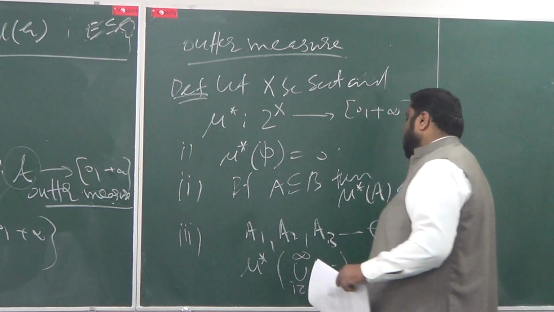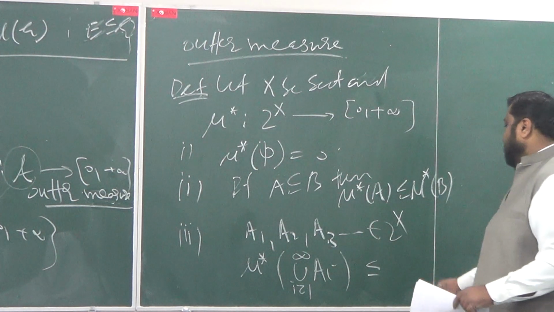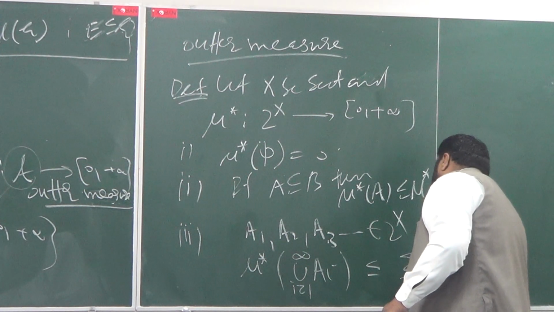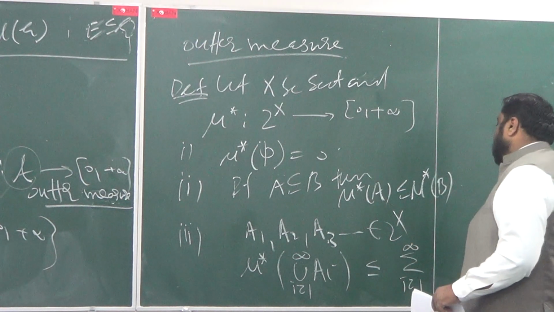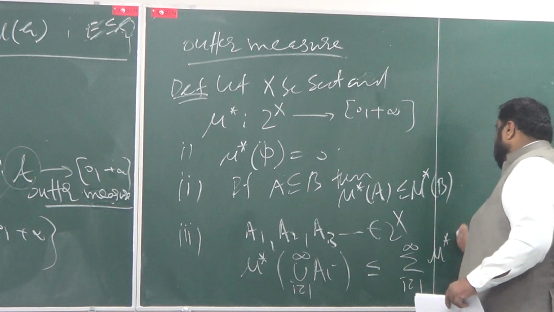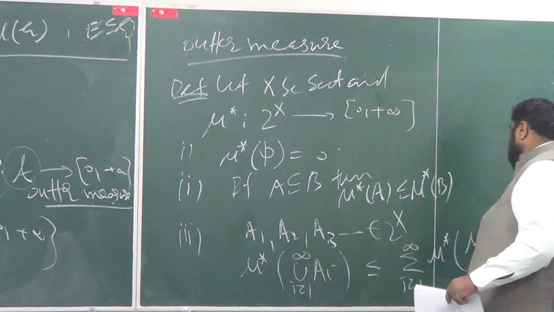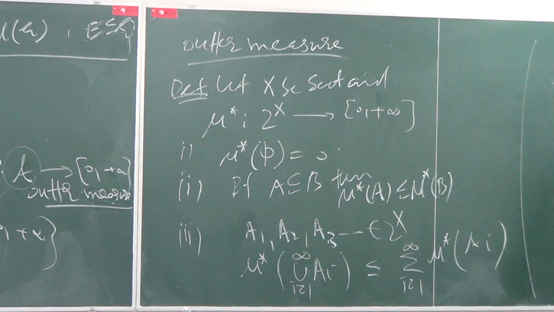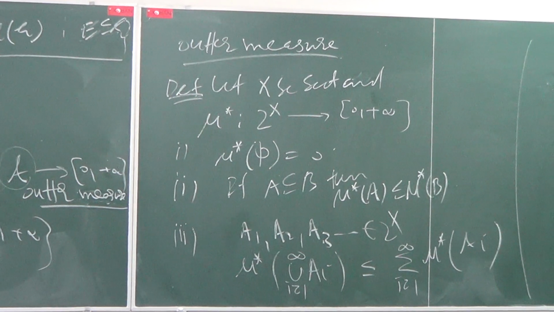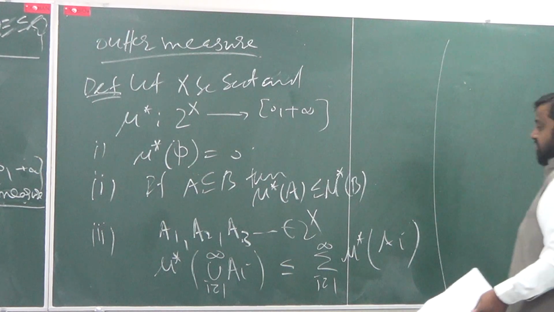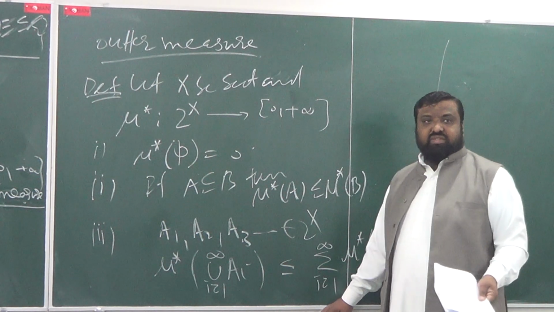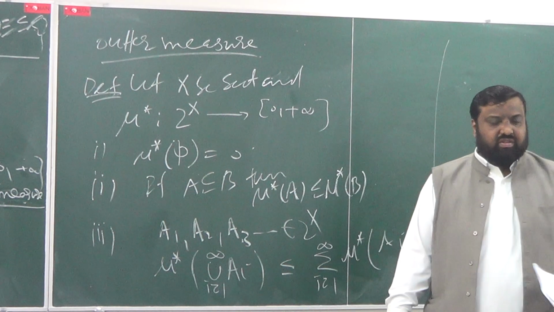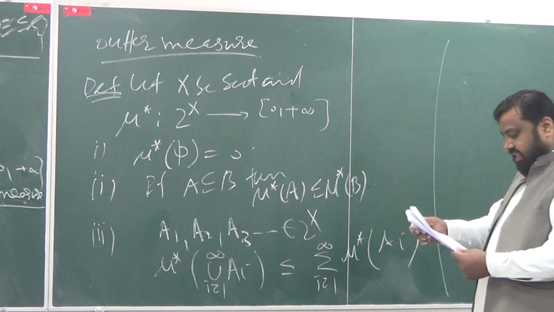In other words, the mu star of the union is less than or equal to the sum from i equal to 1 to infinity of mu star of A_i. If I have such a map, we call it an outer measure. So in a measure you have equality, and here you have sub-additivity. It's not equality, and that's what makes the difference.